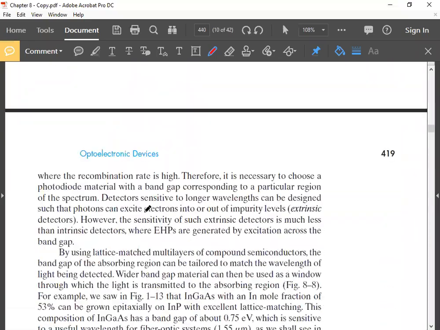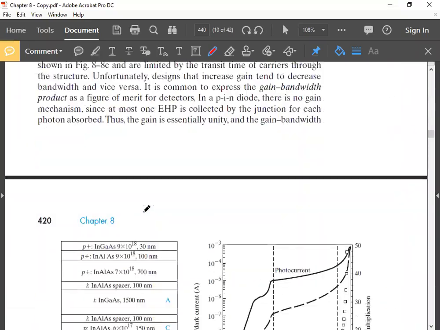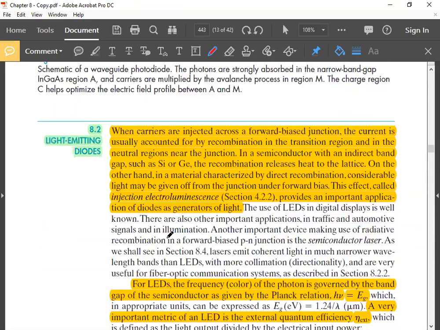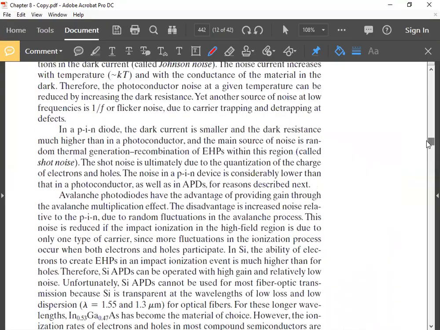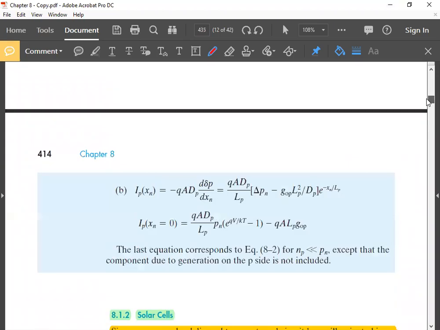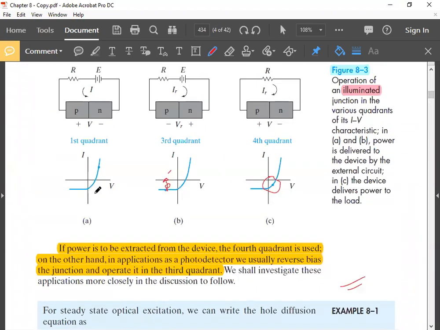No question. Okay. So another short topic I will cover today is light emitting diodes. So far, I have talked about PN junctions which are reverse biased. Photodetectors are reverse biased. Why? I actually forgot to mention.